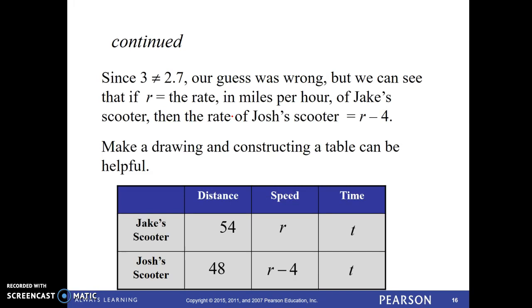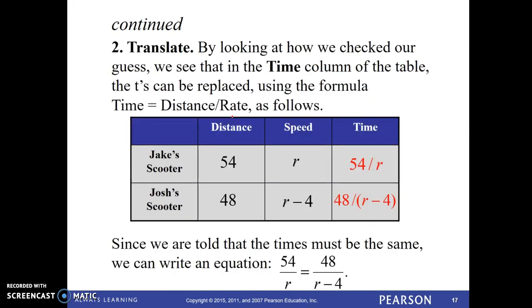Let's make a drawing and construct a table to see what's useful here. Jake's scooter, the distance is 54, the rate is R, so the time is 54 over R. And Josh's scooter is 48, and that speed is R minus 4. So it's 48 over R minus 4. Remember, distance over the rate is going to be equal to the time.